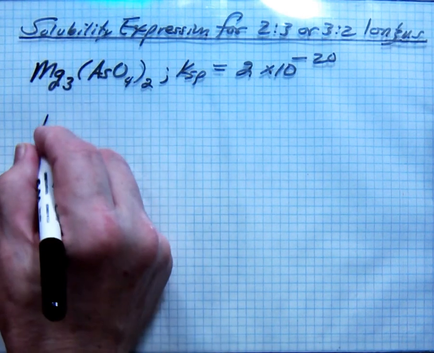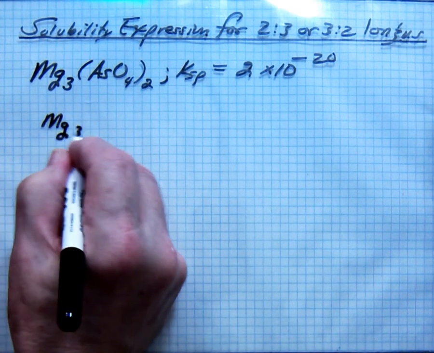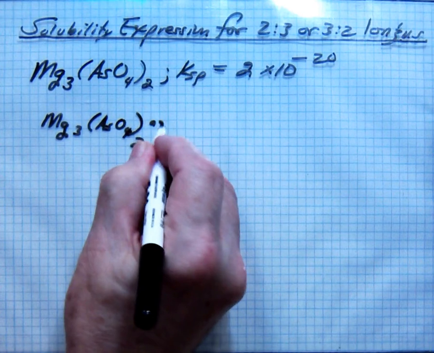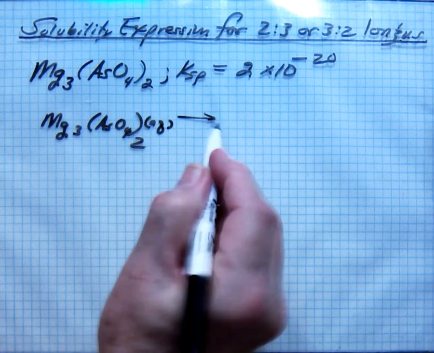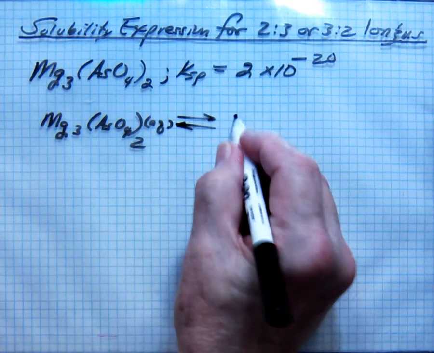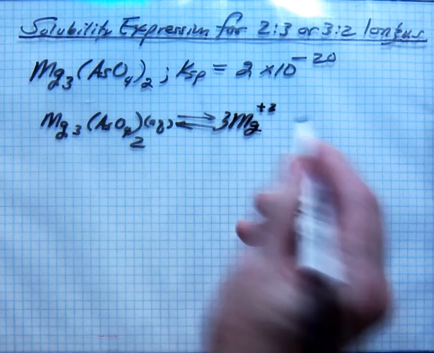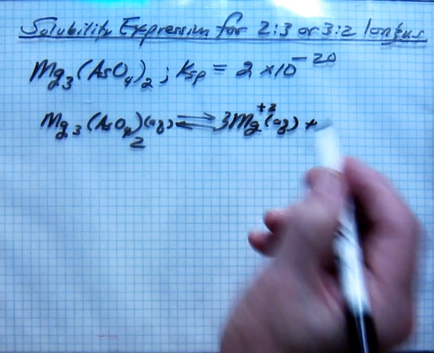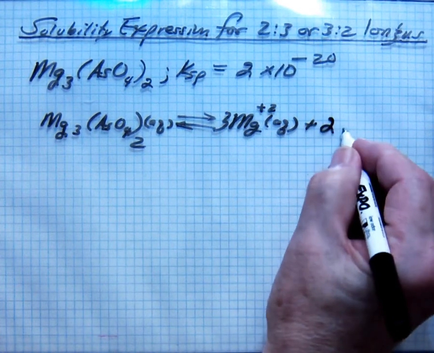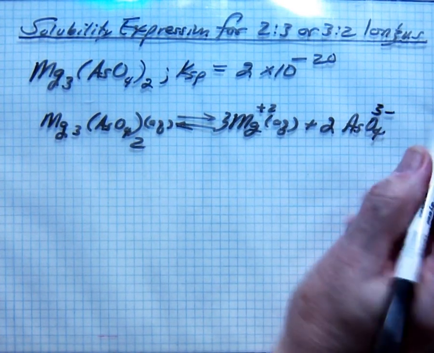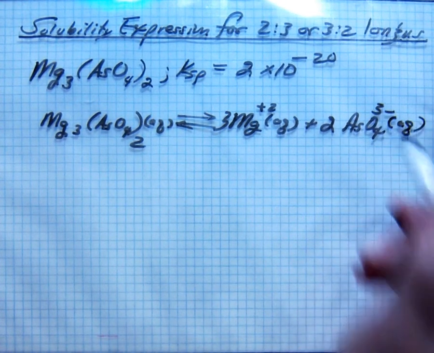So magnesium arsenate delivers 3 magnesium plus 2 ions into solution per mole, and 2 arsenate, 3 minus aqueous, like that.